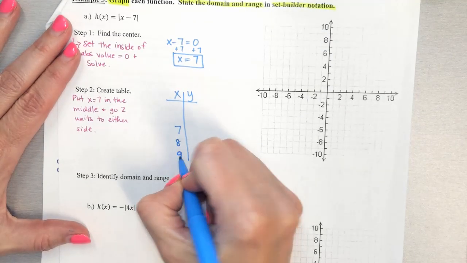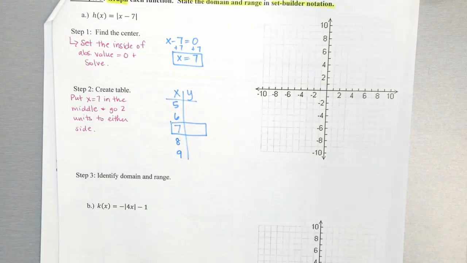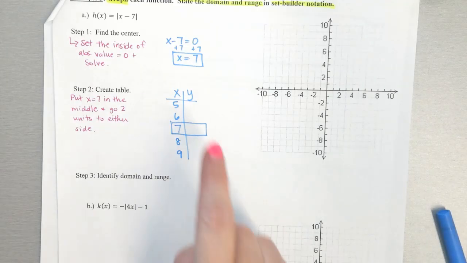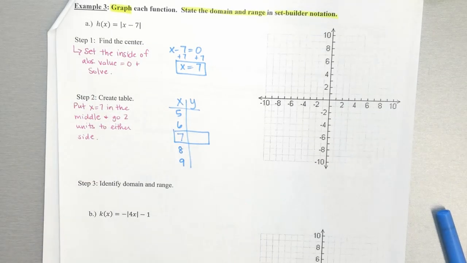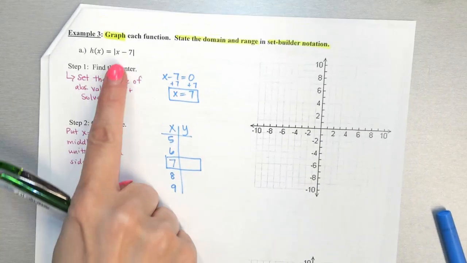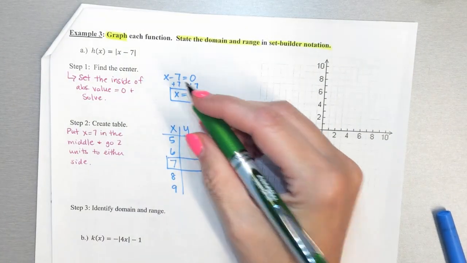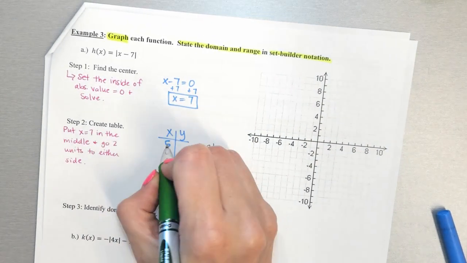Okay, so now I want you to check your table and make sure you put on the 5, 6, the 8, 9. So if I go 2 to the left, I'm going down. If I go 2 to the right, I'm going up. And then I'm just going to plug those in to find those. So if I do 5 minus 7, 5 minus 7 is negative 2. The absolute value of negative 2 is 2.